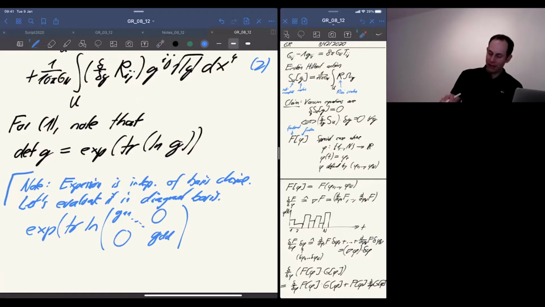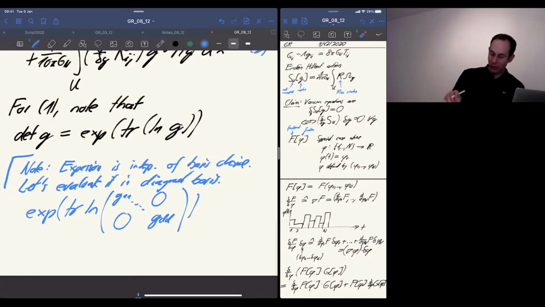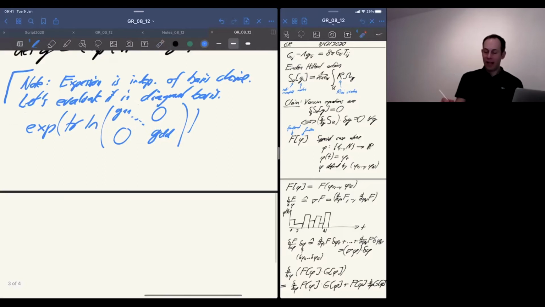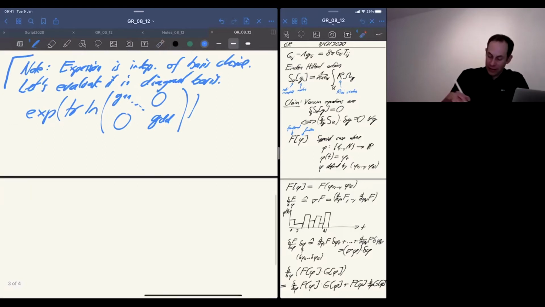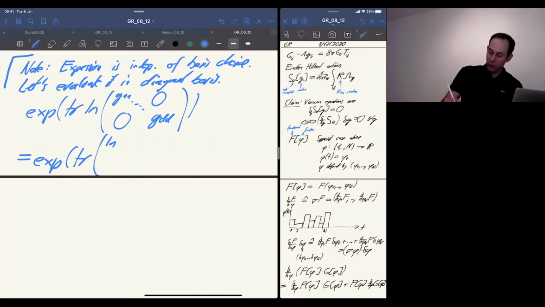Of course, in space-time, I would start with zeros, but because this is now a general linear algebra statement, let me just write it like that. And then you see that if I take the exponent, first of all, the logarithm just means I apply it to the individual components, the diagonal values. So I just have the logarithm now inside of the matrix.